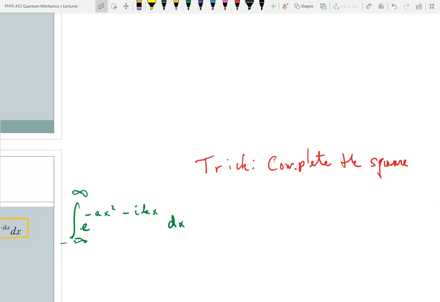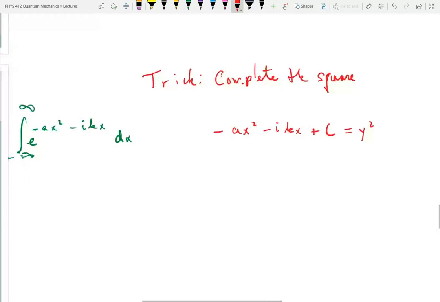So basically what I'm going to say is I have minus ax squared minus ikx plus something equals y squared. And so now I just have to figure out, well, what could that be? And so minus sign, going to have that, right?